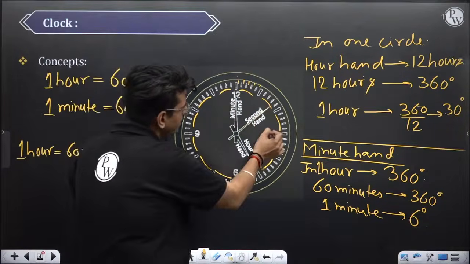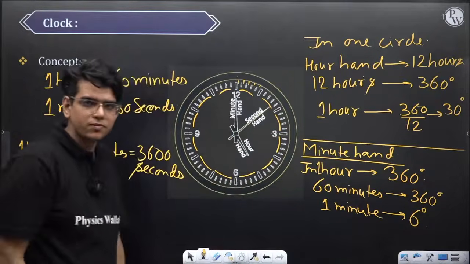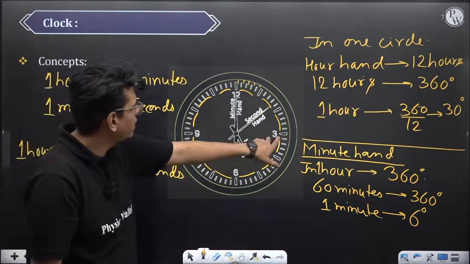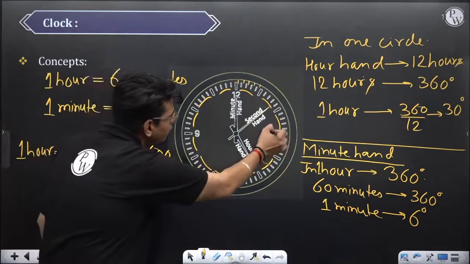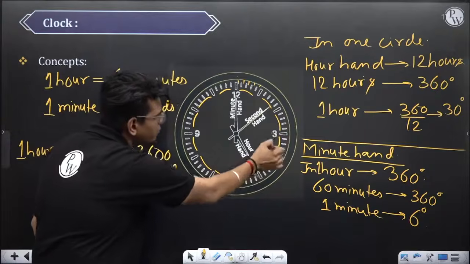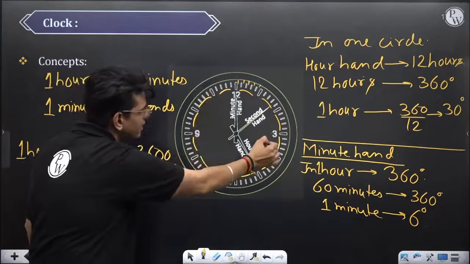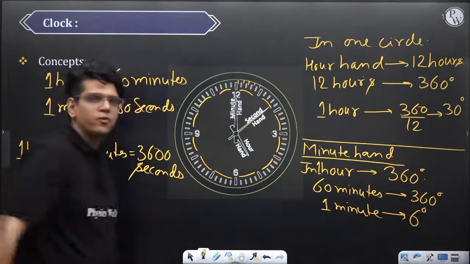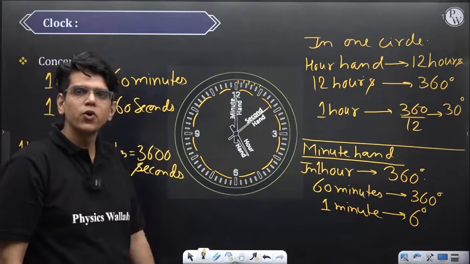Suppose we are at 3, so we have coinciding hands, hour and minute hands at 3. Now the hour hand will move from 3 to 4 in 1 hour, and the minute hand will move from this to this place again. In this time, we will have one such case where the hands are opposite to each other.